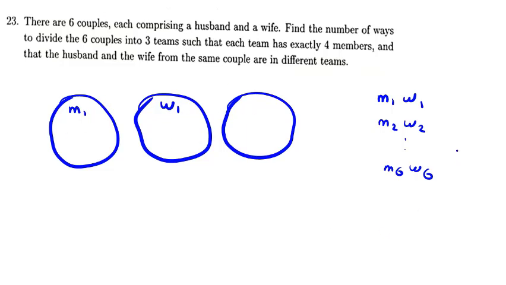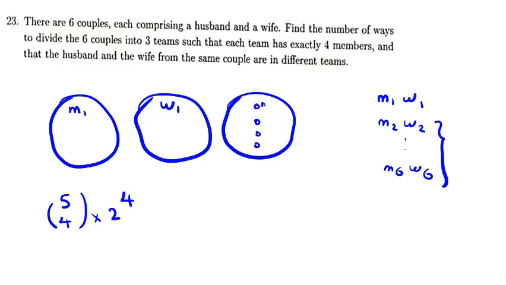Now there are different teams, so here you should place 4 people. Here we have 5 couples, so we should select 5 choose 4. Select 4 couples from these 5 couples and from each of them you select man or woman for this part. 2 raised to the power of 4.